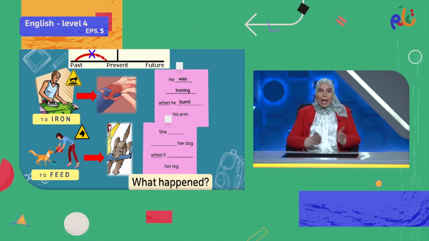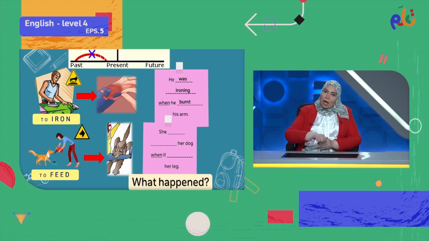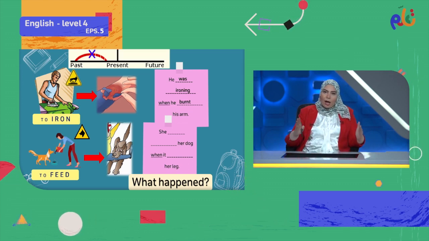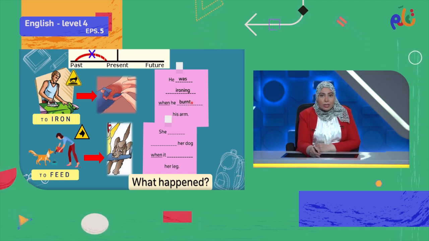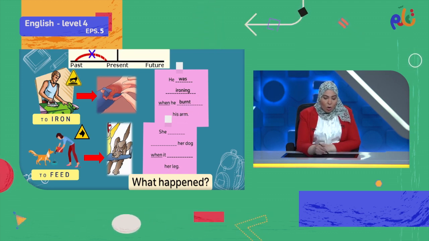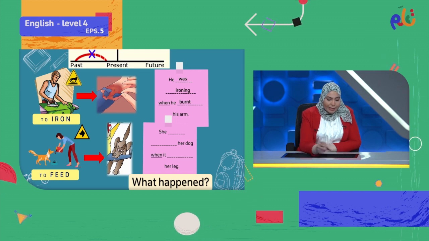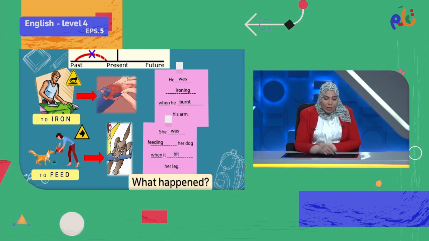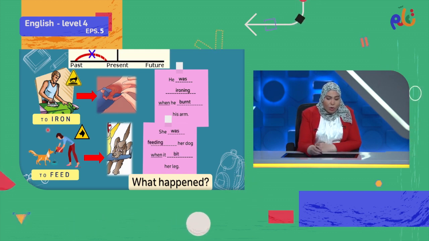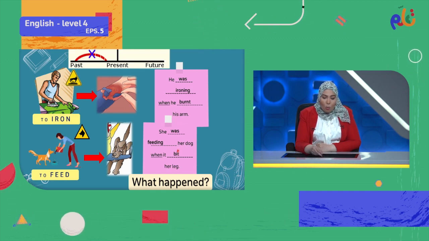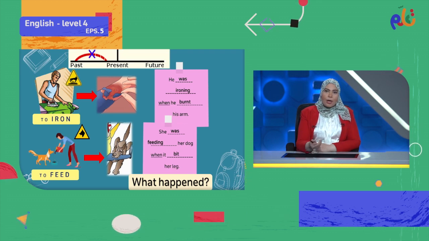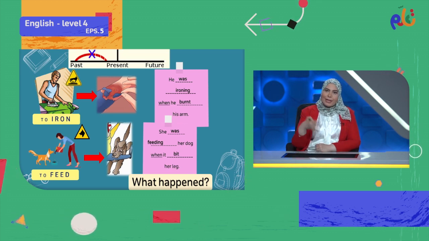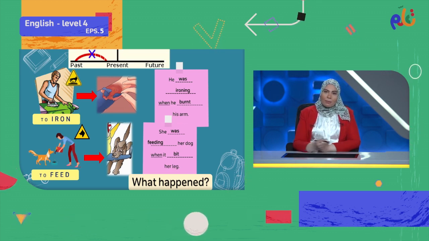So the long action here is the ironing. Iron, iron, iron, long time, ironing. What stopped it is he burnt his arm. Or if we're talking about the lady, she was feeding her dog when it bit her leg. So the past of bite, bit. So when it bit her leg.